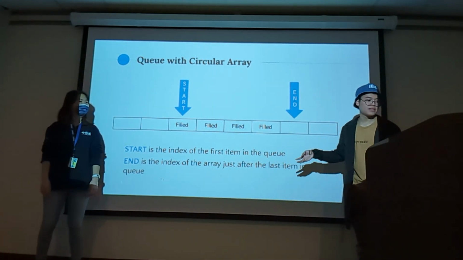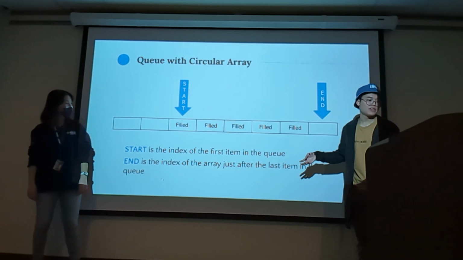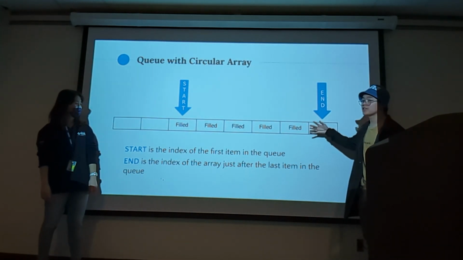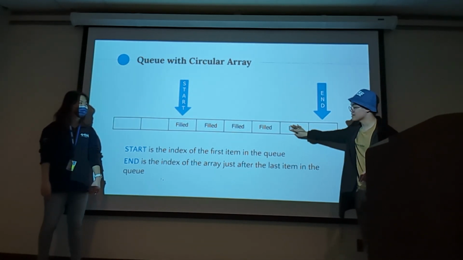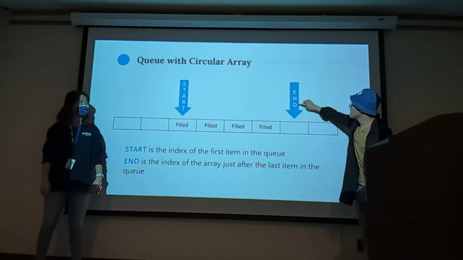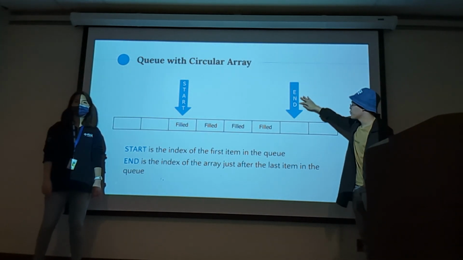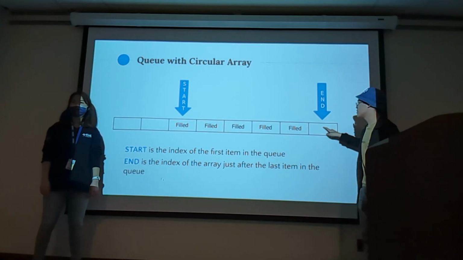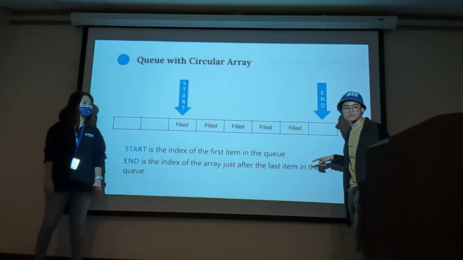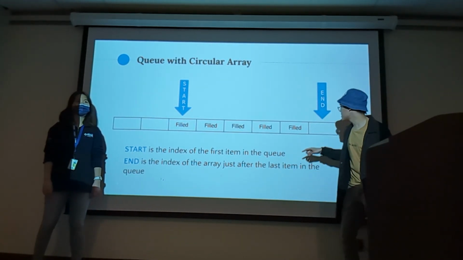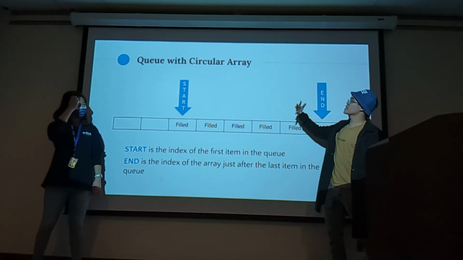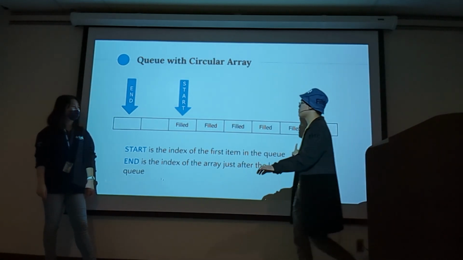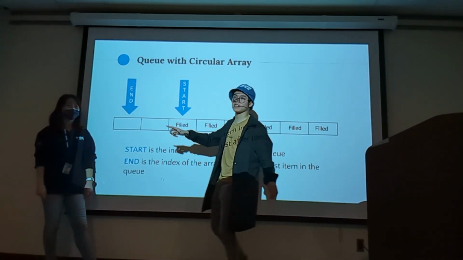When we add a new customer, or enqueue something, we add it where end is pointing, and then move the end index one more. We call it a circular array because when we reach the end of this, the end pointer loops back to right here.